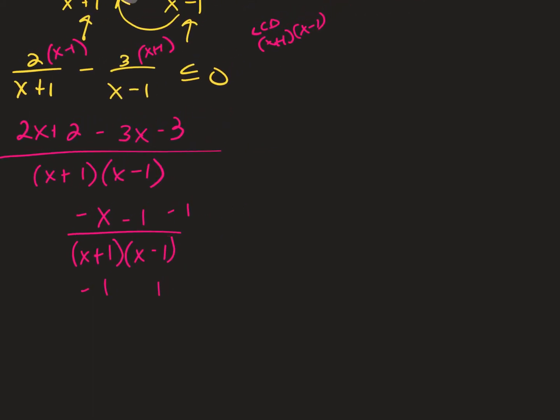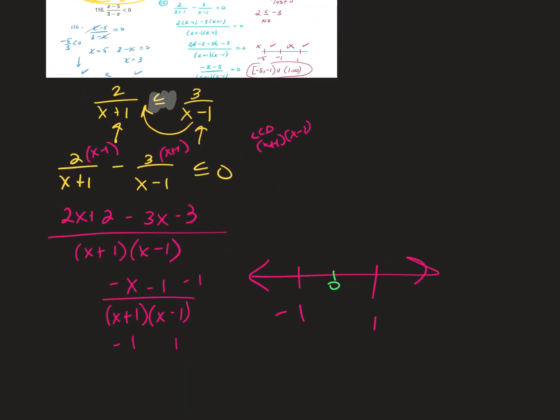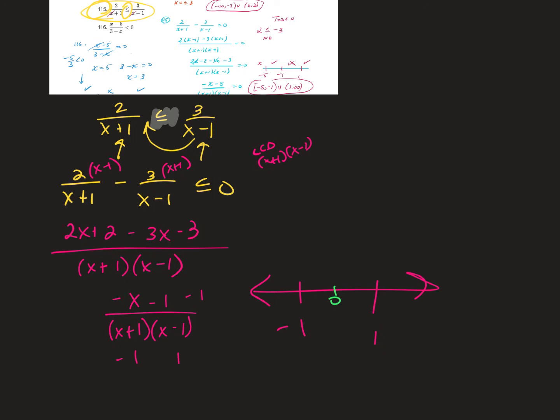When I set up my number line and I test points, I would test 0 because that's the easiest one. Plug it in, and I'd get 2 over 1 is less than 3 over negative 1. Not true. So it would be on the outside, but instead of getting brackets, these are getting parentheses because they were both answers to the denominator, so they cannot be 0.